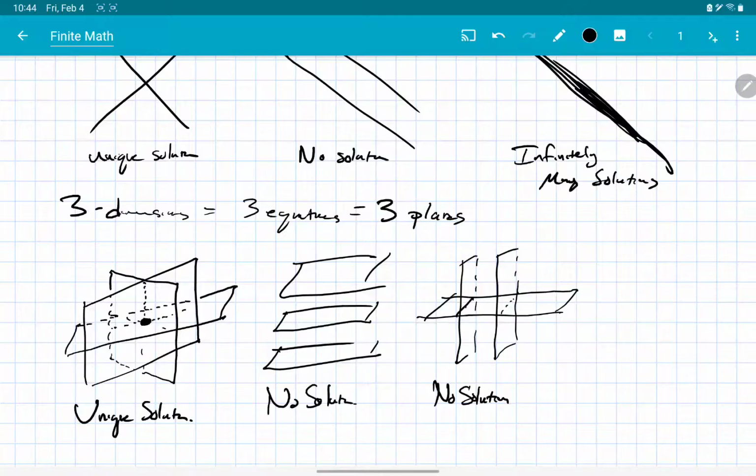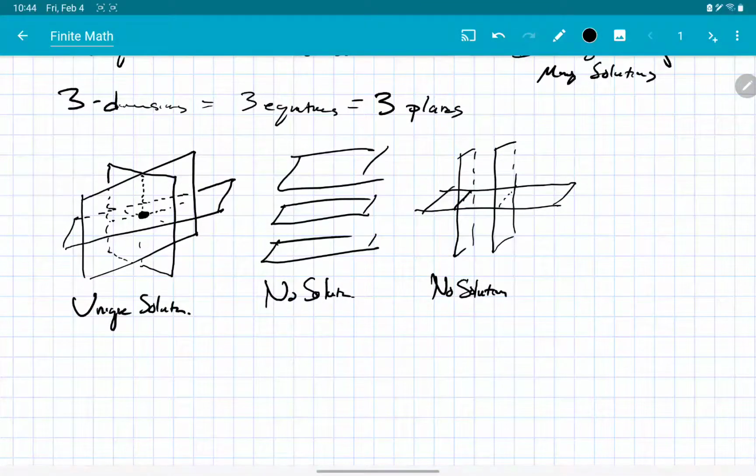So that's a possibility. There's also the possibility that you get infinitely many solutions. This one's probably the hardest one to draw. There's a nice picture in the textbook, but I'll do my level best here.